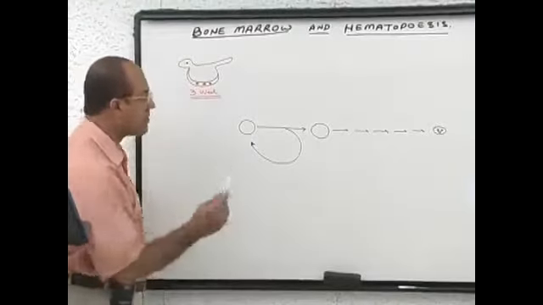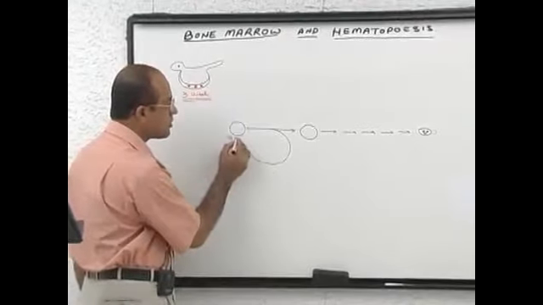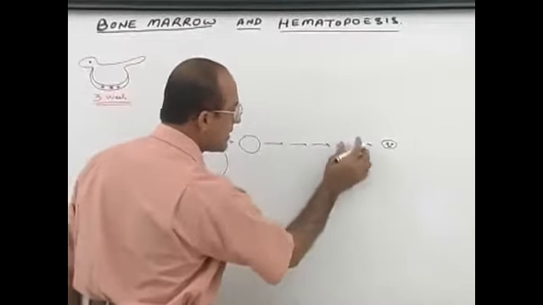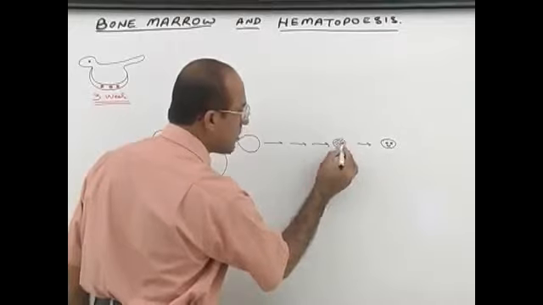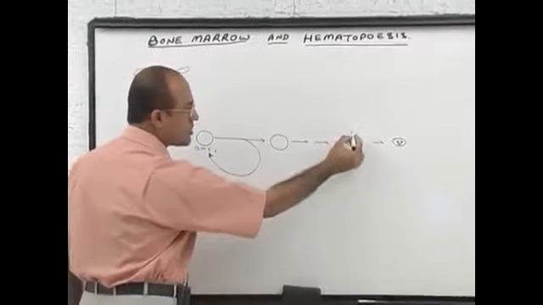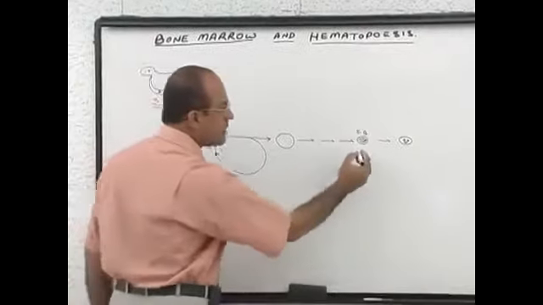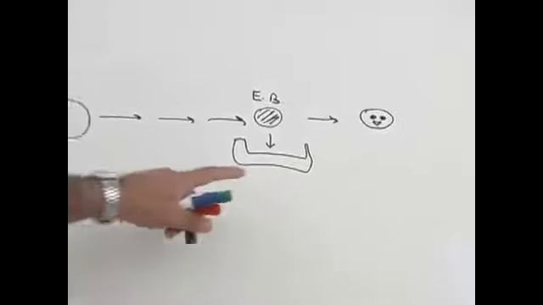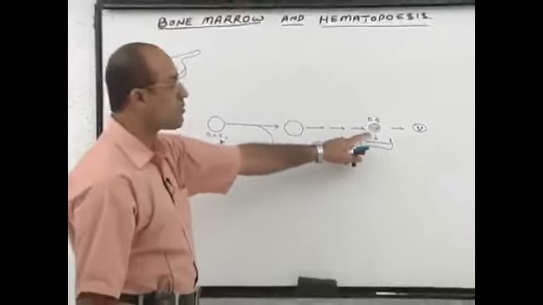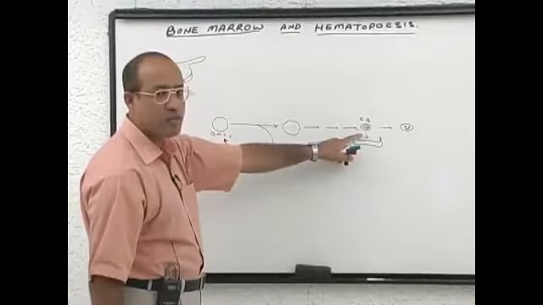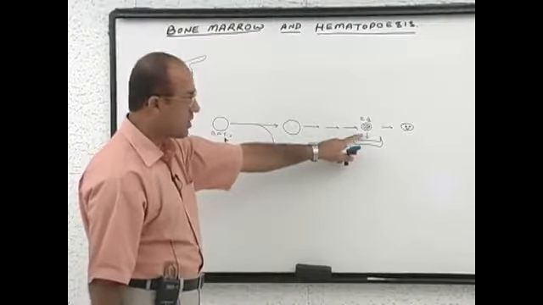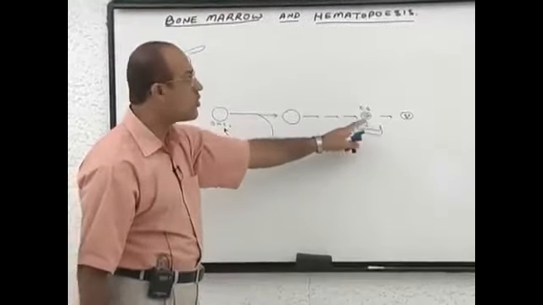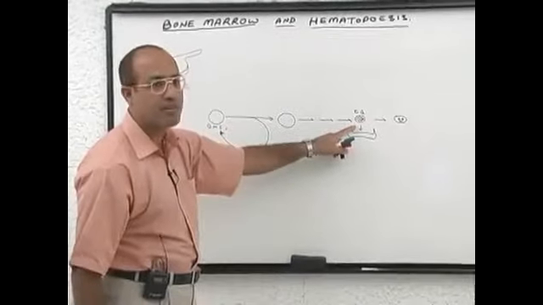For concept purposes, let me tell you that this is a bone marrow stem cell, and let's suppose along the differentiation line, here is a cell which is called an erythroblast. Now, if you put erythroblasts into a petri dish, into cell culture material, and they are properly stimulated and provided with proper nutrients, then all erythroblasts will eventually convert into RBCs and no erythroblast will be left at the end in the petri dish.